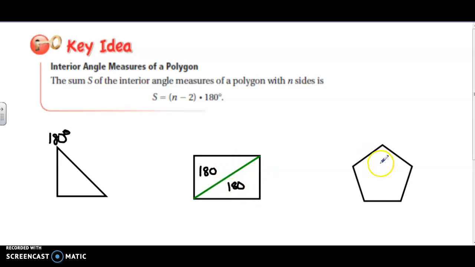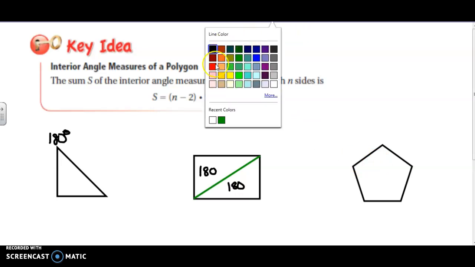And now this shape has 1, 2, 3, 4, 5 sides. So there's 5 sides to this shape. Okay, so we're going to see what's the least number of triangles we can break this up into. So the first one I can do is right here.